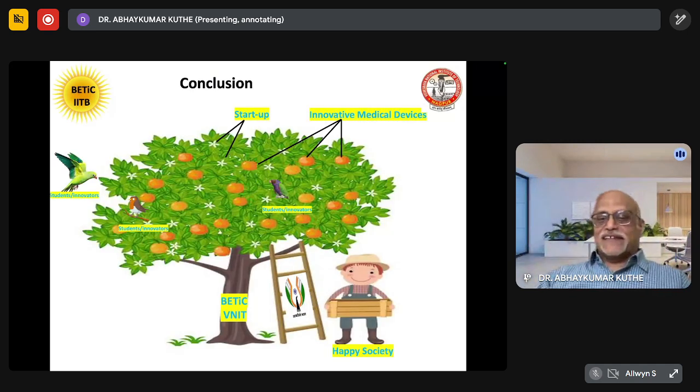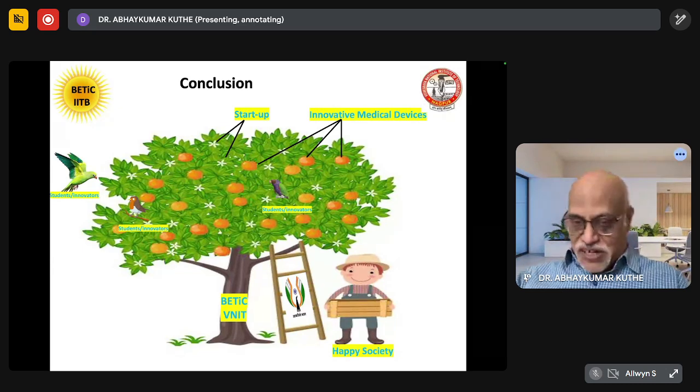So here the conclusion is like this orange tree, because in Nagpur we have a lot of oranges. So here it's like a Batik VNIT, our project that we generally show in the form of an orange tree. There we show that we allow the students or the innovators to come as birds and sit on our tree of Batik VNIT, so that once they come and sit on that, the flowers will blossom.